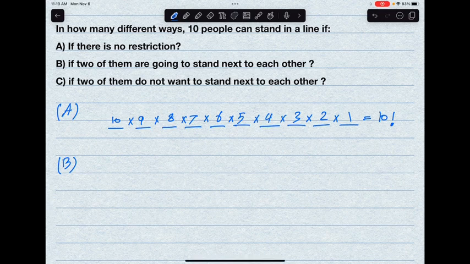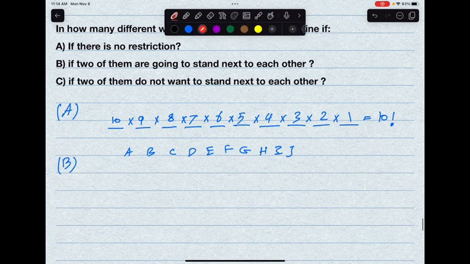We have 10 people, like A, B, C, D, up to I and J: 1, 2, 3, 4, 5, 6, 7, 8, 9, and 10. They're supposed to stand in a line, and we are going to have A and B next to each other. How can it happen?